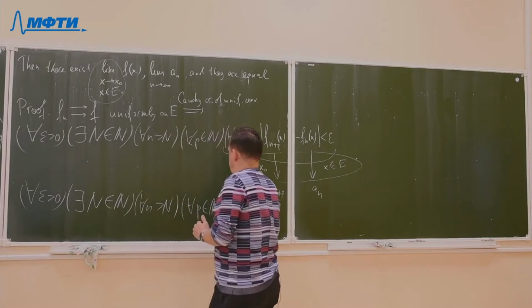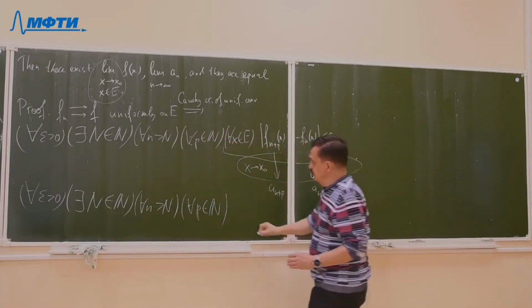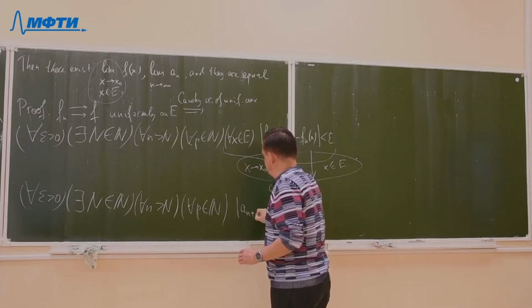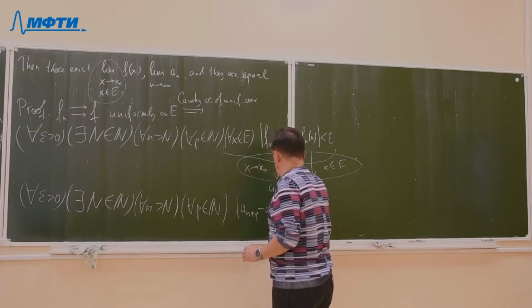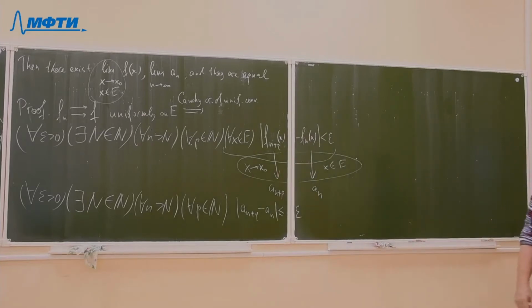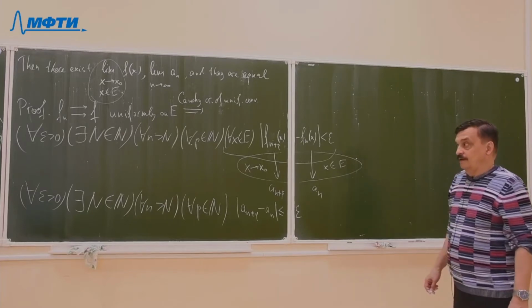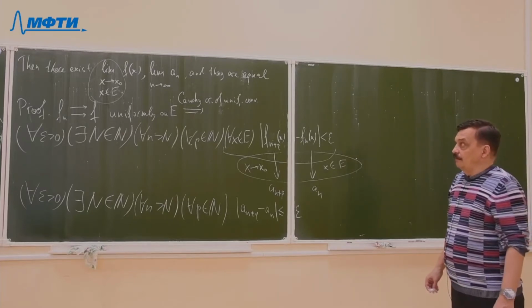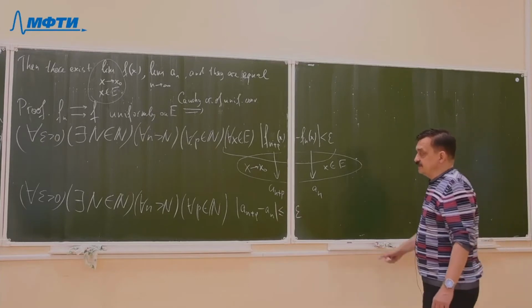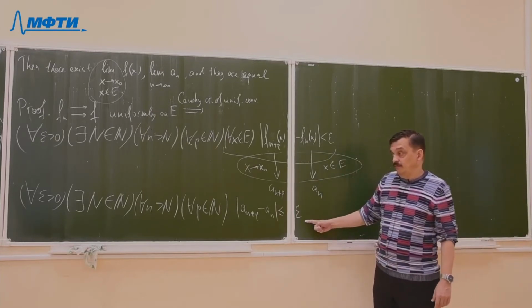What remains now: |a_{n+p} - a_n| is less than or equal to epsilon. What does it mean?